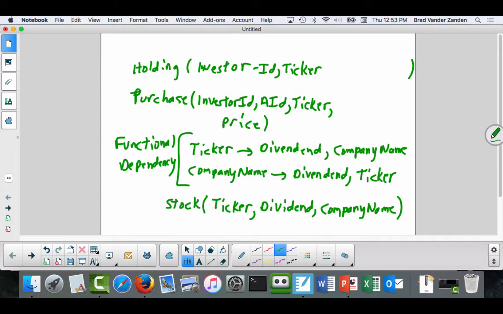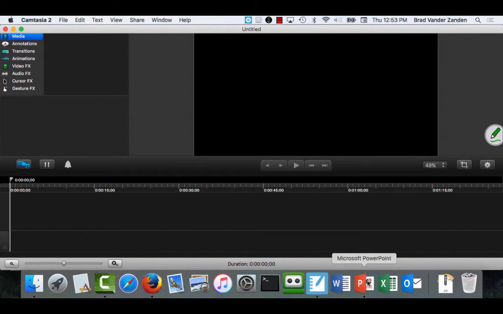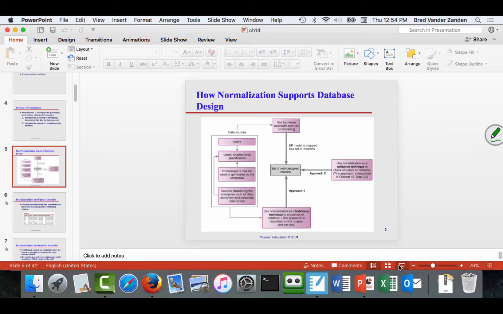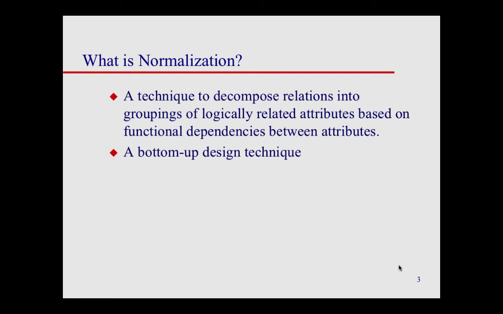So even if you don't use the normalization method as your primary method for designing a database, it's still very helpful for checking your design. So coming back here, normalization is a technique that's going to allow us to decompose relations into groupings of logically related attributes based on something called functional dependencies, which is what I just showed you.